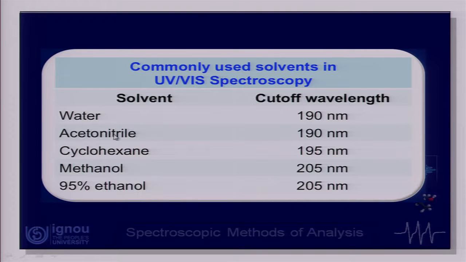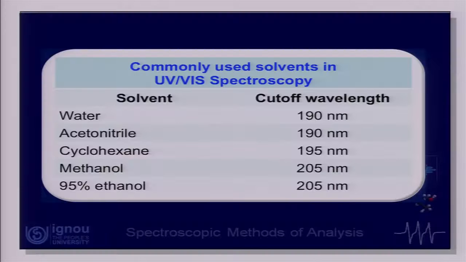Similarly, the same is true of acetonitrile, and cyclohexane has 195 as its cutoff, and 205 is the cutoff of methanol or ethanol. So, we have to choose an appropriate solvent. Suppose I want to make a measurement at 190 nanometers, I cannot use alcohol or methanol. So, we have to make a suitable choice.